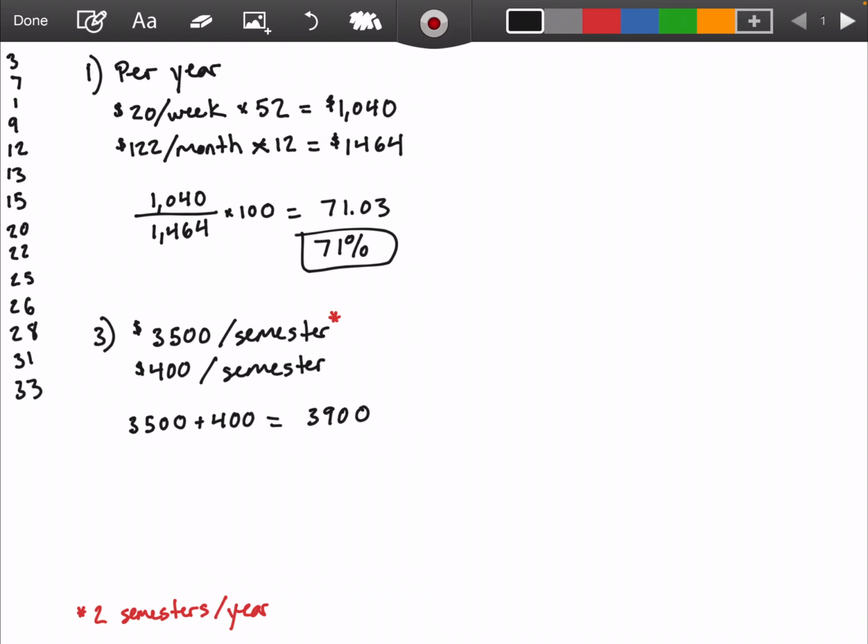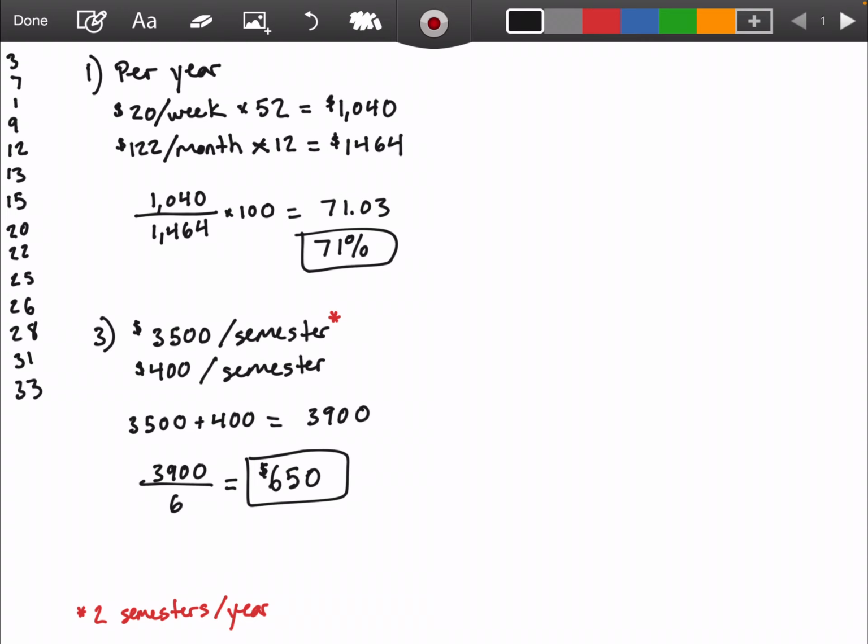So that's $3,900 per semester. And if there's 2 per year, then I'm just going to do 3,900 divided by 6, because we're going to say there are 6 months in one semester. 3,900 divided by 6 is 650. Nice work. I'm doing them in the program, by the way.